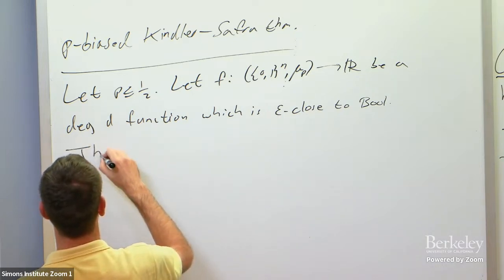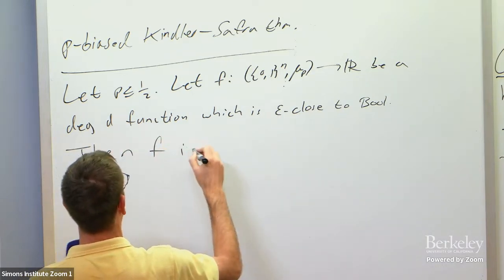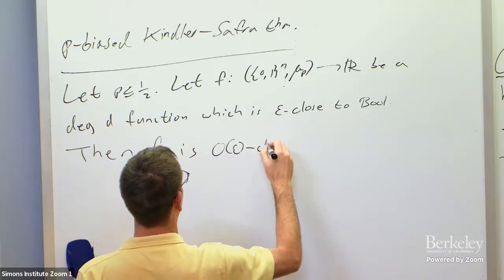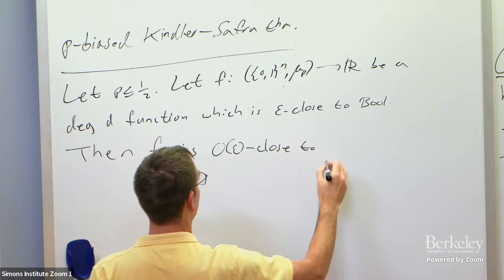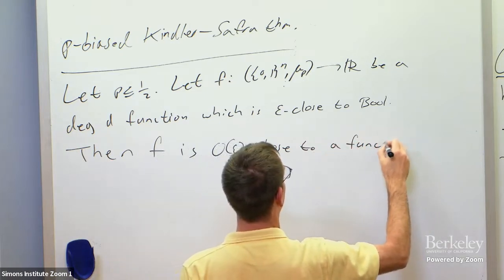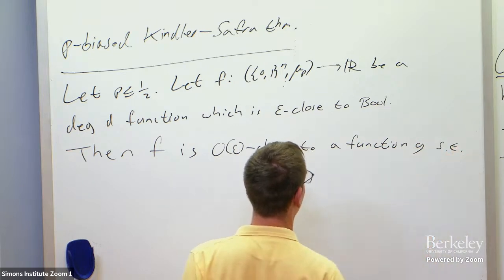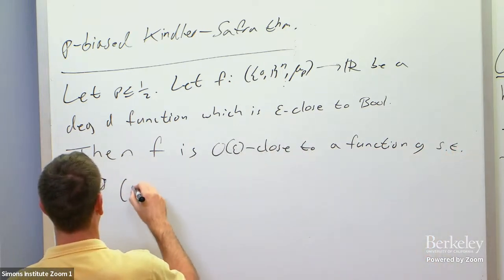Okay, then F is order epsilon close to a function G such that, now we will have 4 conditions.